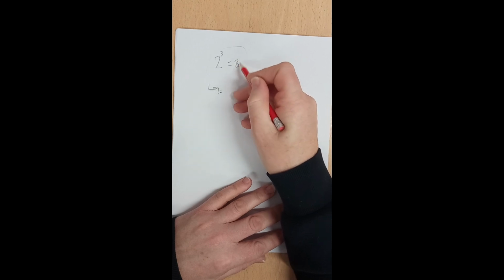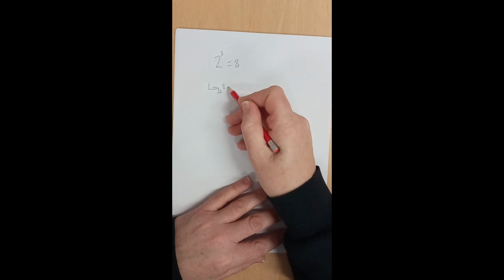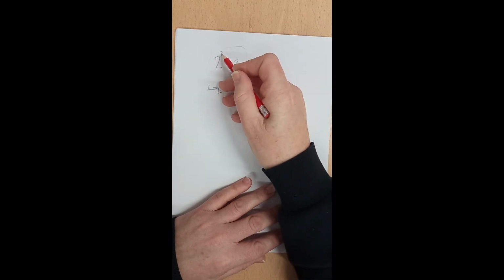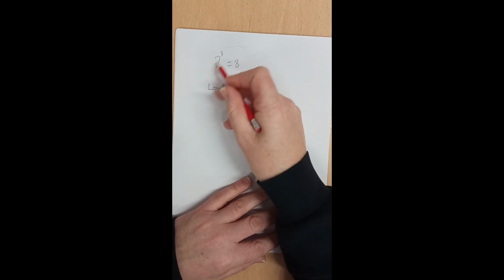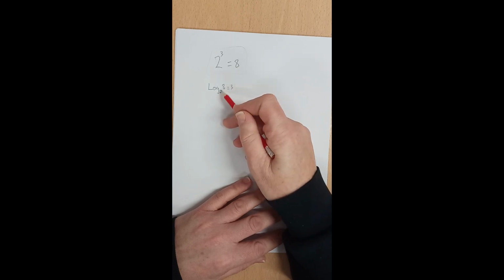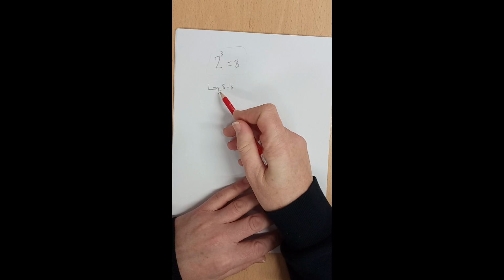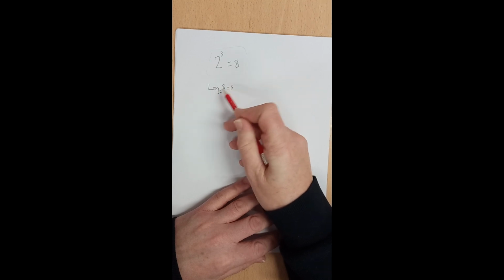The answer for your indice sum becomes the subject of the log, and the answer to your log sum would be the power indice. So you see how they're rearranged. The 2, the 8, and the 3 are still there, but they're now telling you a different thing. In other words, they're saying 2 to the power of something gives me 8. What is that power? So that's the basic structure of a log.